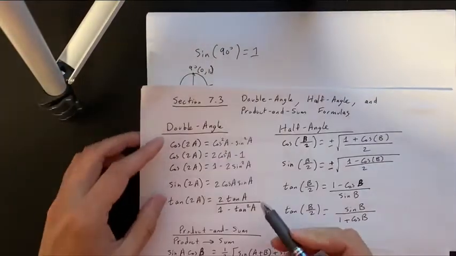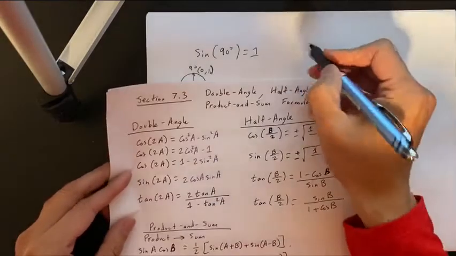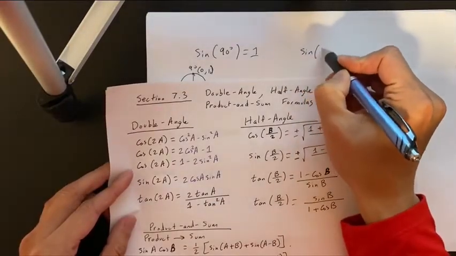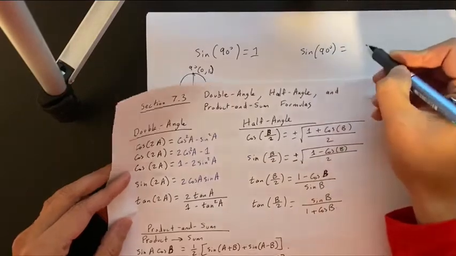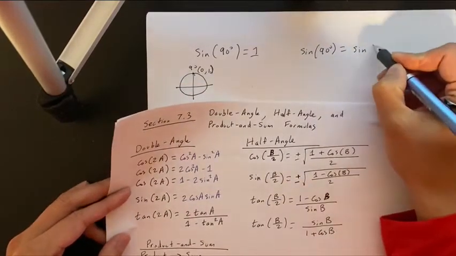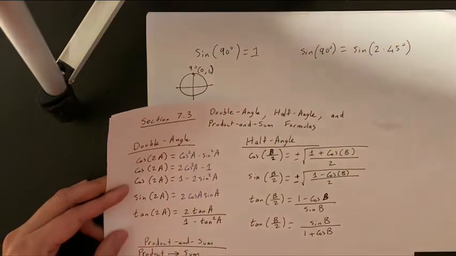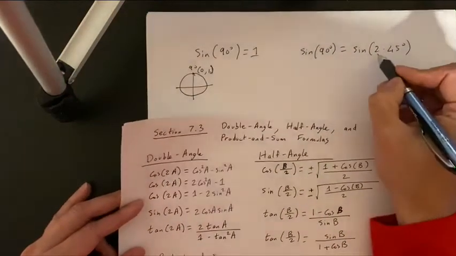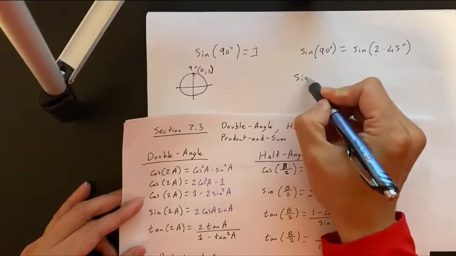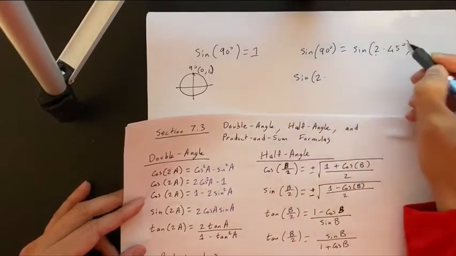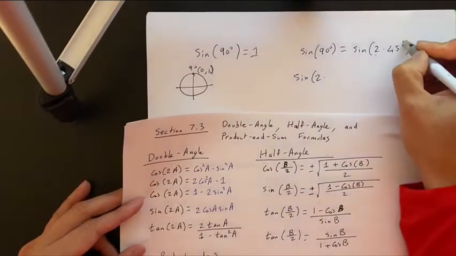Okay. According to my formula, I can write the sine of 90 degree. If I can write it as 2 times something, well, it's 2 times 45 degree. And once I'm able to write it as sine of 2 times something, that something is my a.